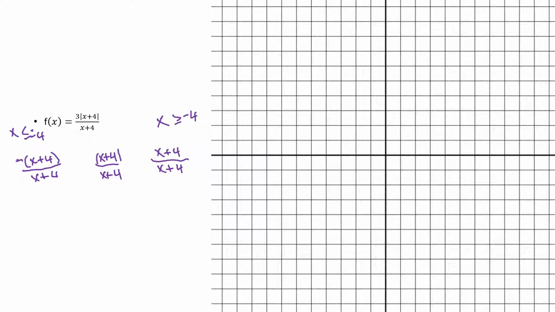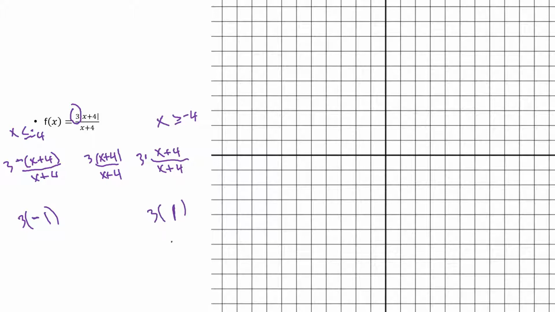In this case, when we divide, x plus 4 divided by x plus 4 is 1. A negative x plus 4 divided by a positive x plus 4 is a negative 1. But notice that we're multiplying by 3 here. So we have to remember that we're multiplying by 3. So that's going to change our answer.